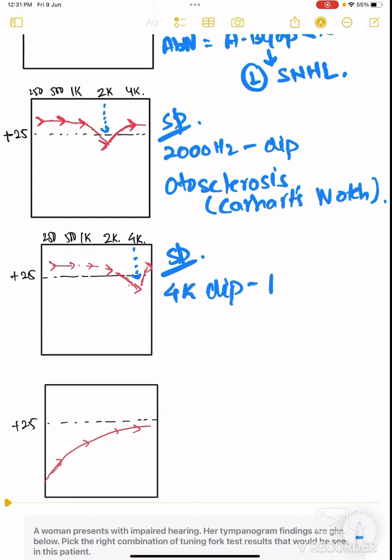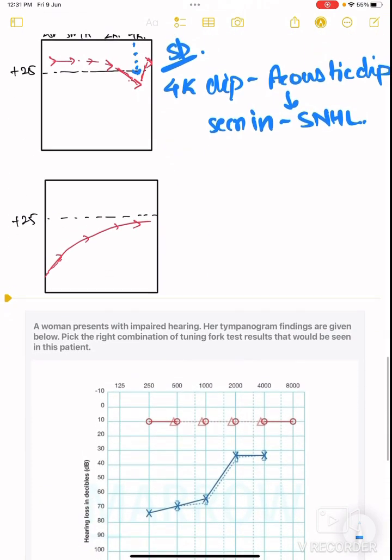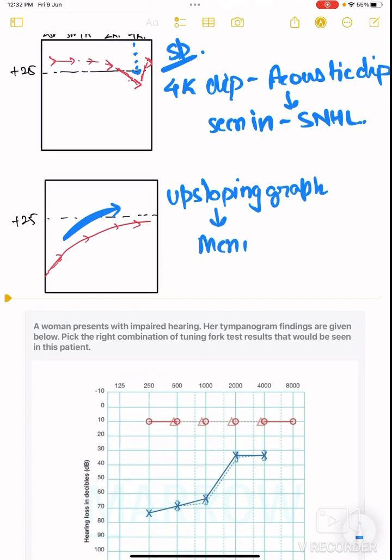This is called acoustic dip, and it is seen in sensory neural hearing loss. And the last graph, you can see there is an upsloping graph. Where is it seen? It is seen in Meniere's disease.